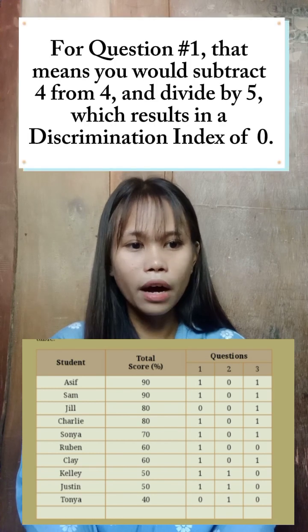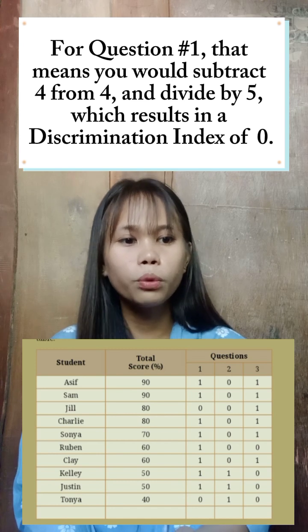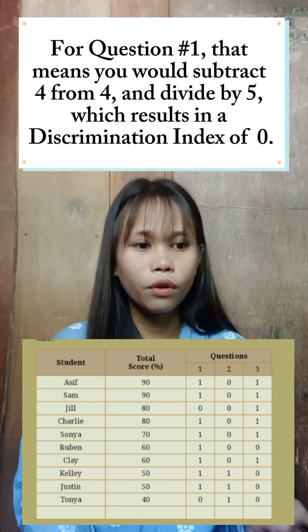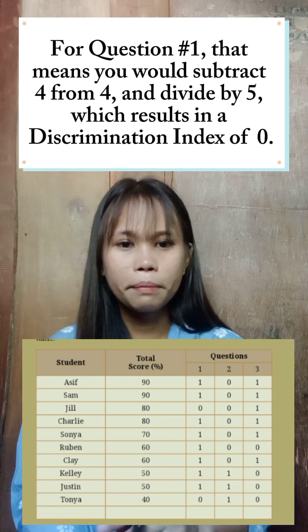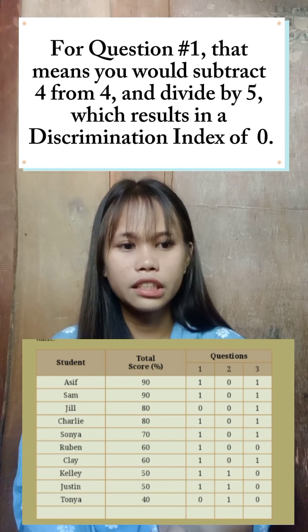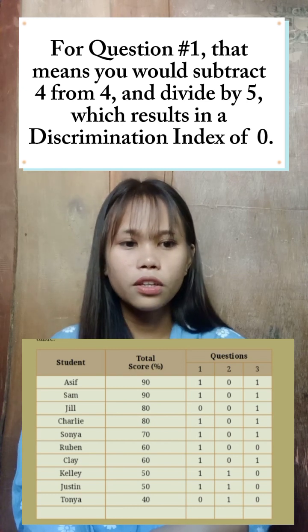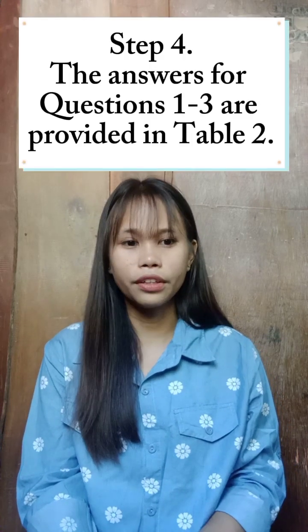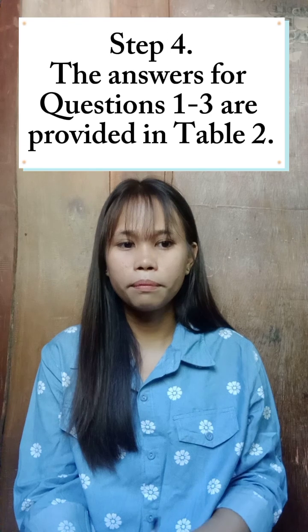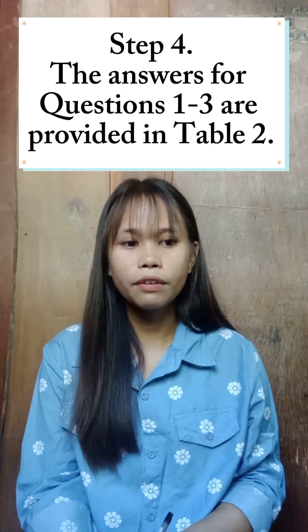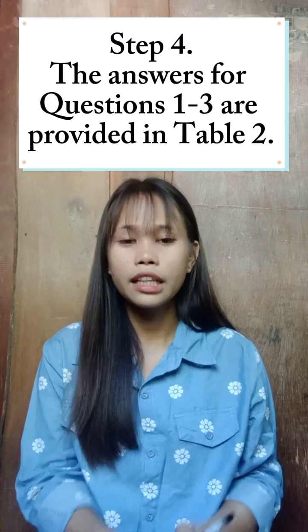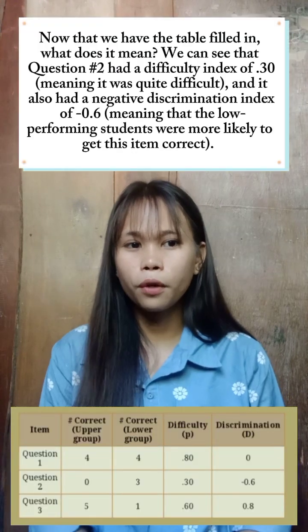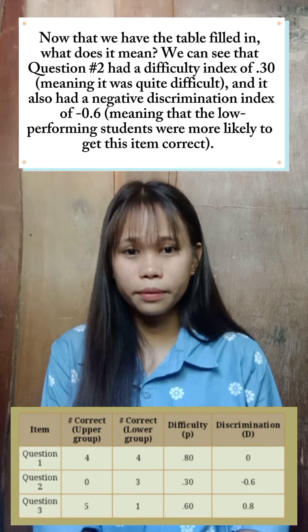For question number 1, that means you would subtract 4 from 4 and divide by 5, which results in a discrimination index of 0. Step 4, rather, the answers for question number 1 and 3 are provided in table number 2.